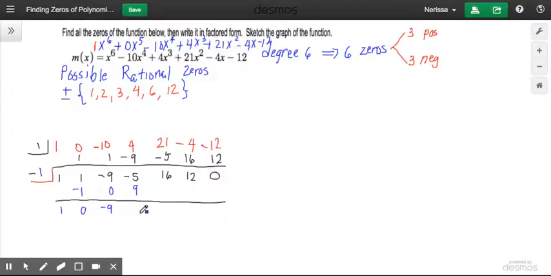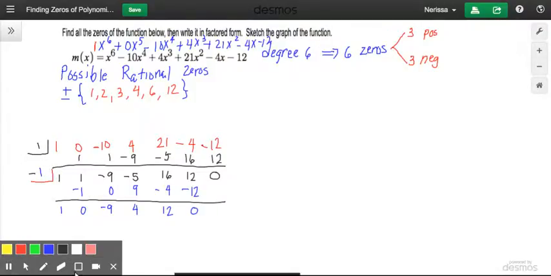Negative 5 plus 9 is positive 4. 4 times negative 1 is negative 4. 16 minus 4 is 12. 12 times negative 1 is negative 12. And we found a 0. So that means we have another 0. So positive 1 is a 0 and negative 1 is a 0.